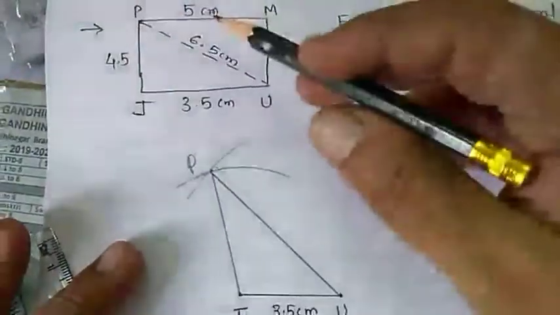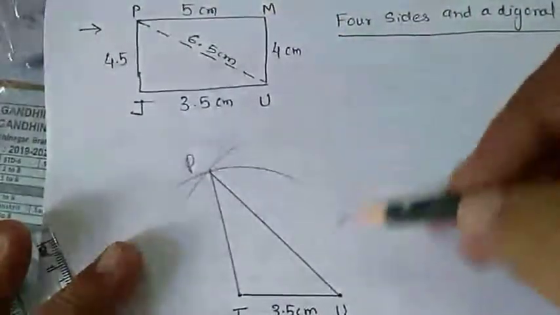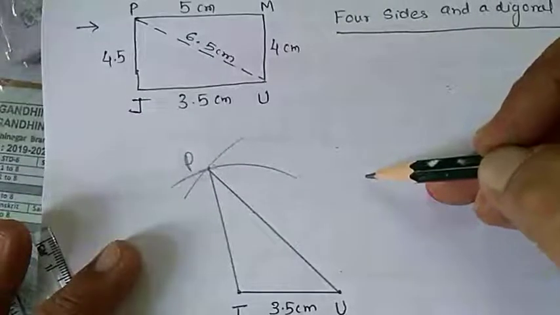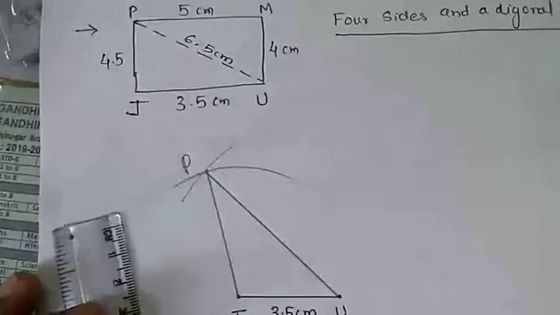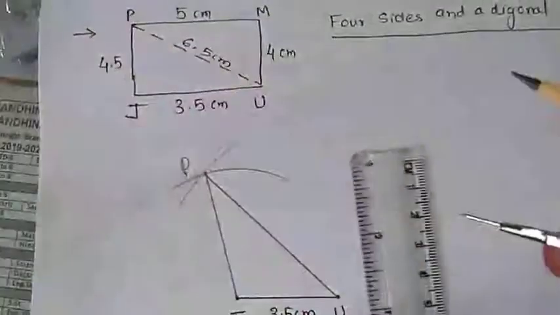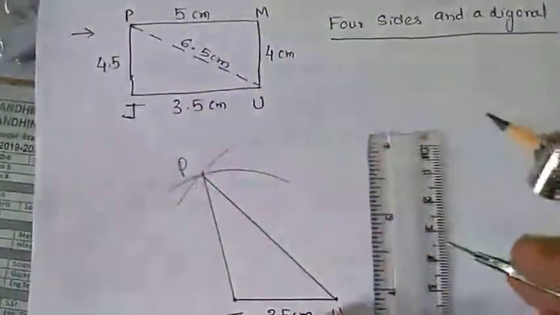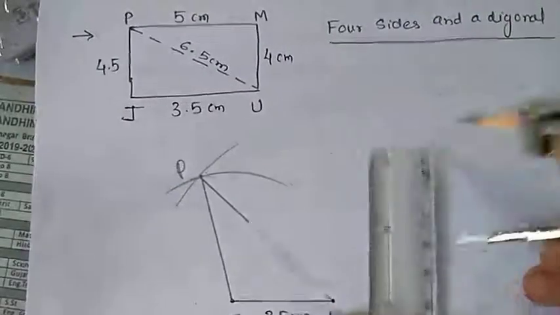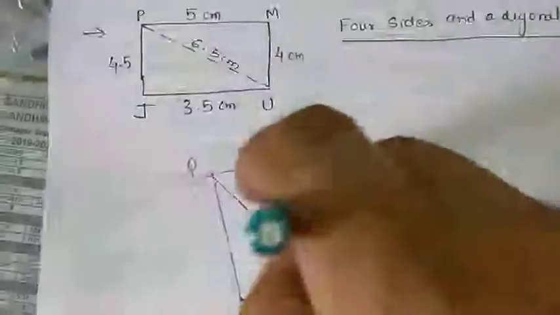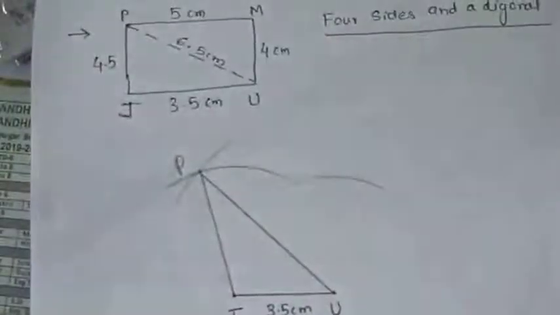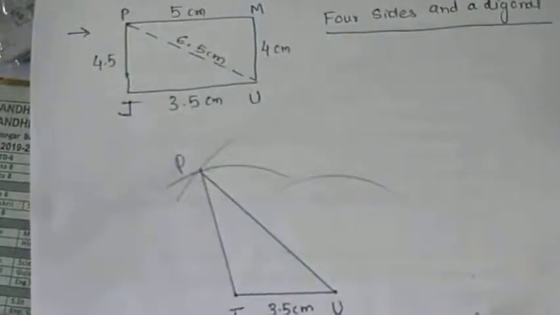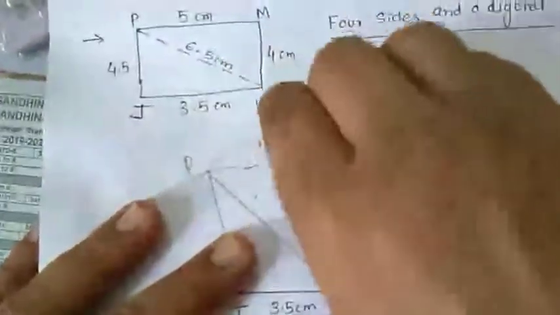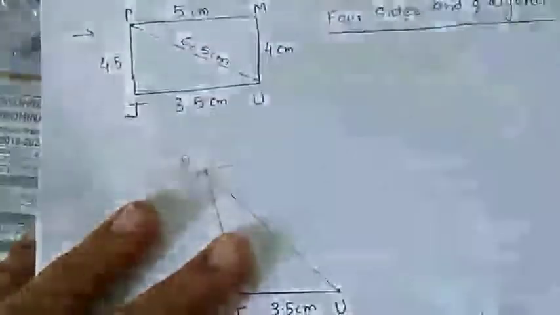So we will take the measurement of 5 centimeter and make an arc, and U also 4 centimeter, and intersection of these two arc will be M. So again, with the help of compasses, 4 centimeter arc from U. So we want to adjust 4 centimeter and make arc. Clear? So here, if you find it is a disturbance, you can slightly shorten this arc after you get the point.